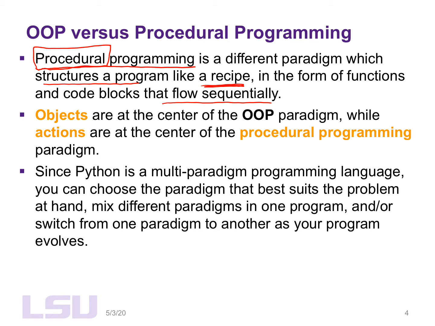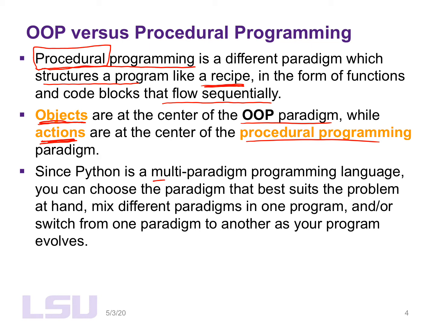Object-oriented programming isn't necessarily that way. You start up thinking about the object and defining the properties of the object and the actions that you can perform on the object. So objects are the center of OOP, object-oriented programming paradigm, while actions are the center of procedural programming paradigm. Python allows you to do both.